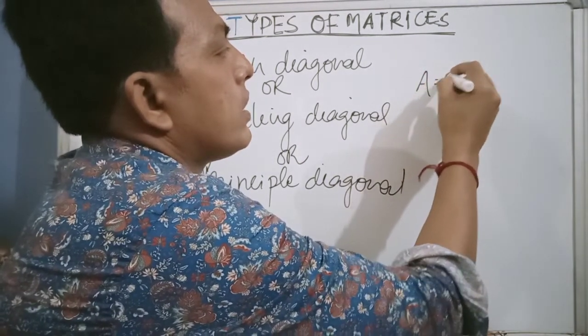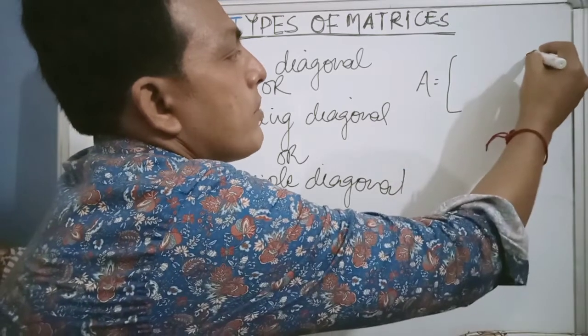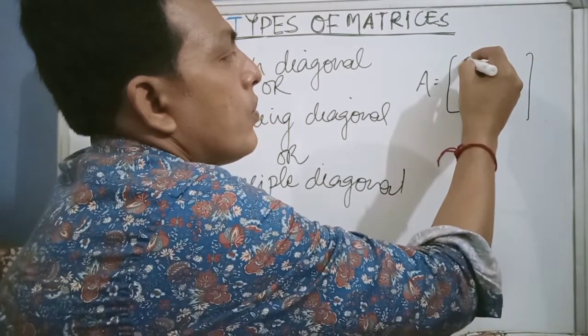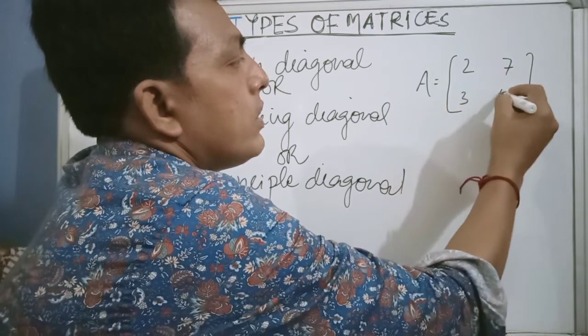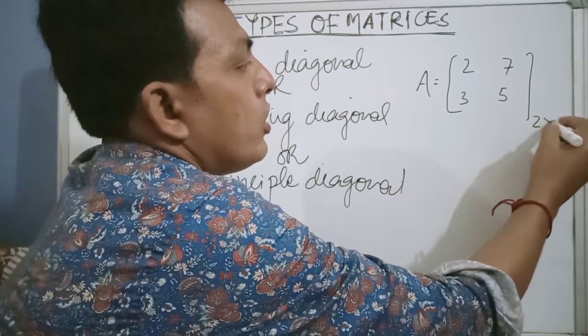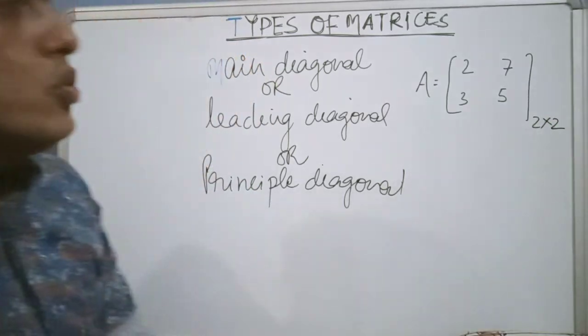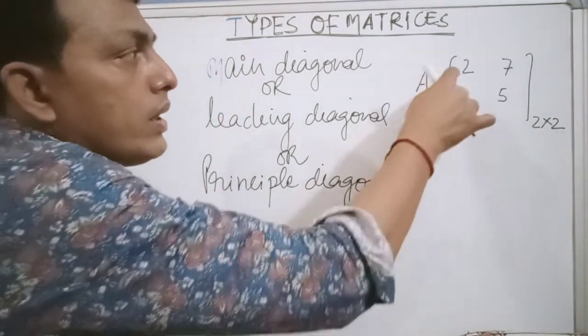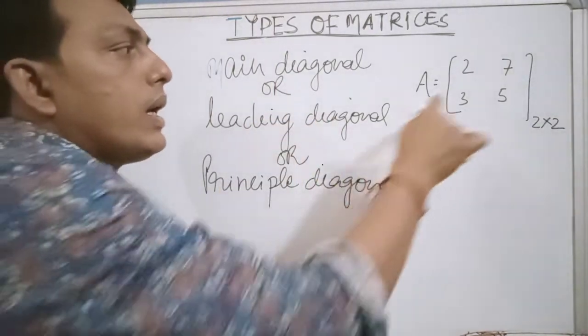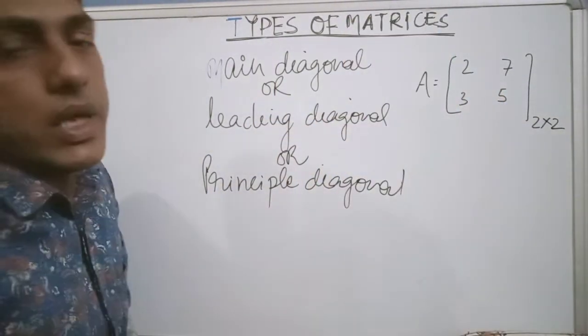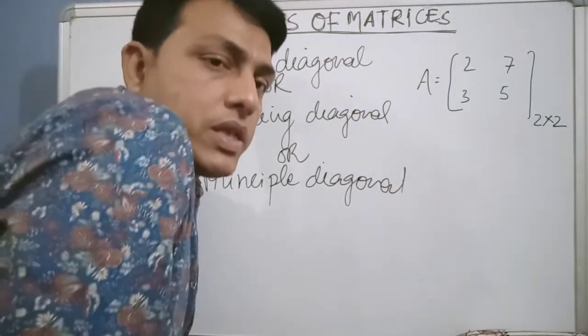Take the example of a square matrix 2, 7, 3, 5. Order is 2 by 2. This is the first element of the matrix and this is the last element of the matrix.